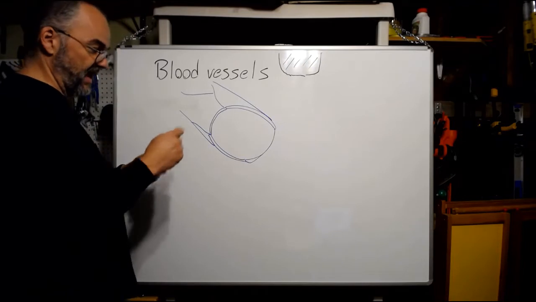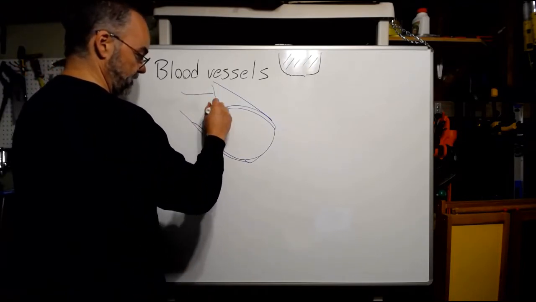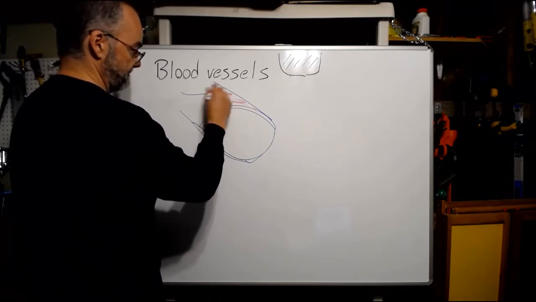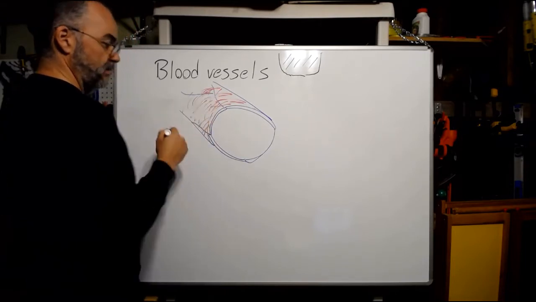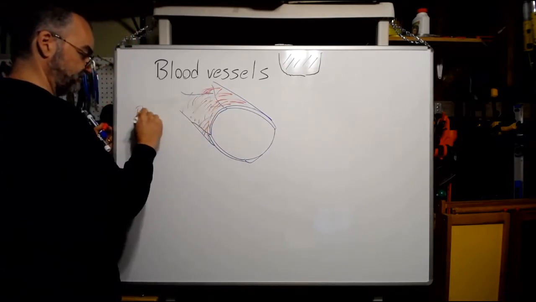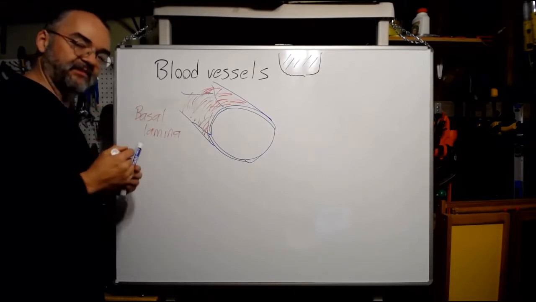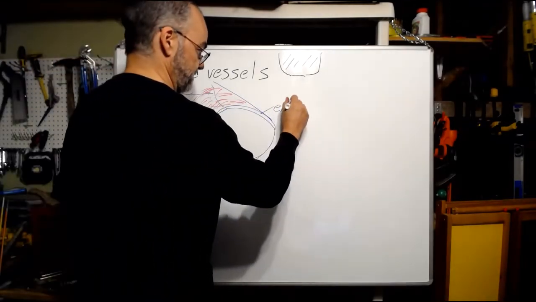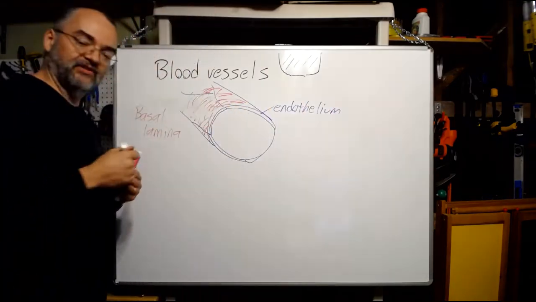And outside of those, there is a network of protein filaments, shown here in pink, called the basal lamina. Sometimes basement membrane is also used for that. So this is endothelium, and that's basal lamina.